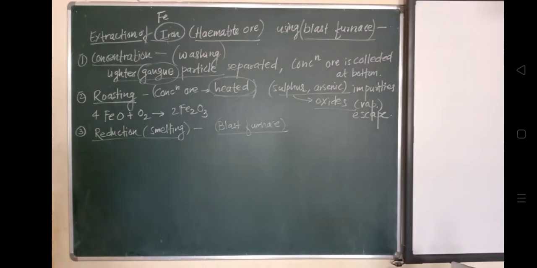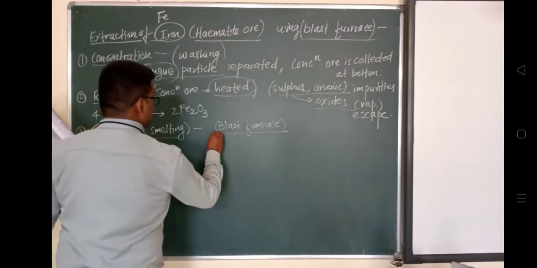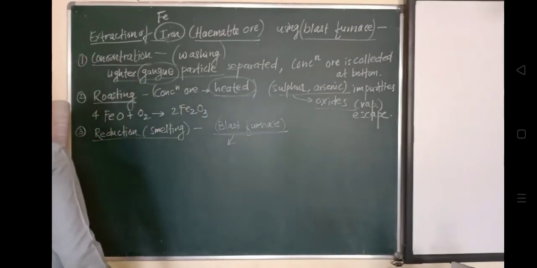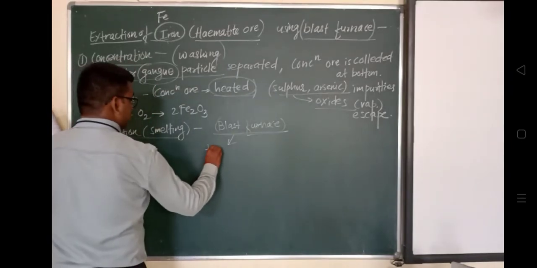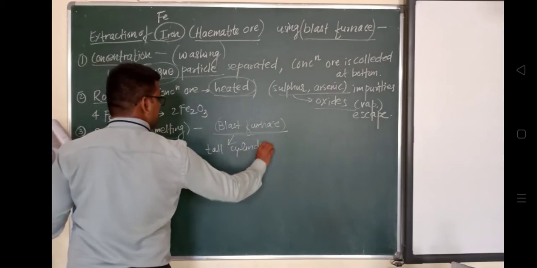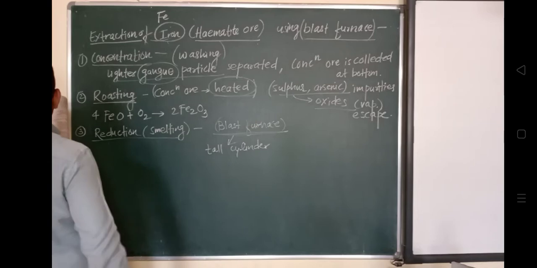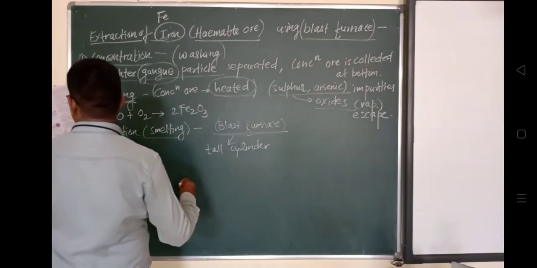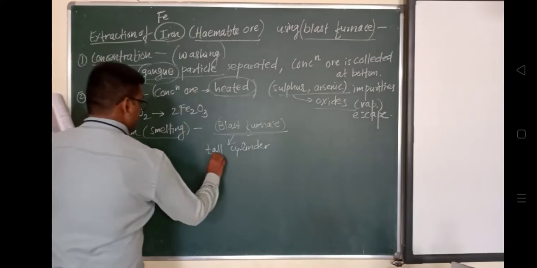This step is carried out in a blast furnace, which is a tall cylindrical steel tower. So what is a blast furnace? We will see. A blast furnace is a tall cylinder, just like a cylinder.